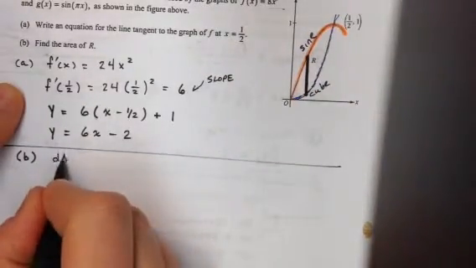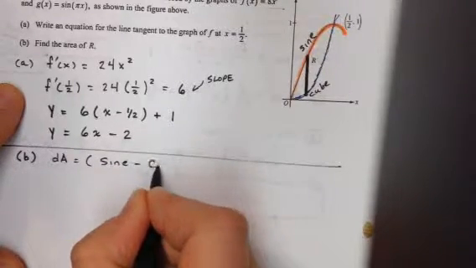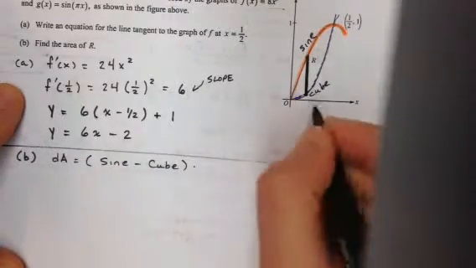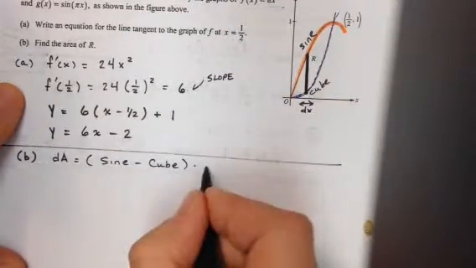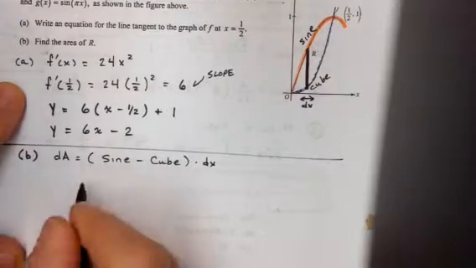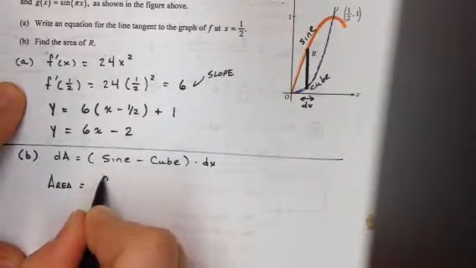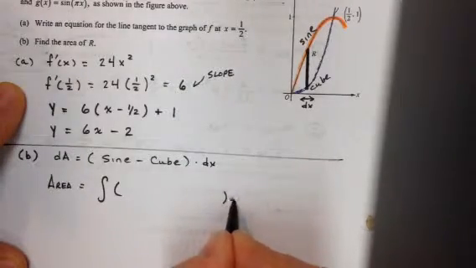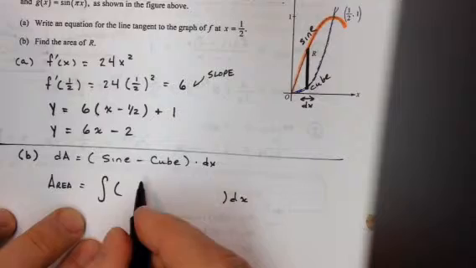So our dA in this case would be the sine function minus the cube function times, since it's vertical, a little change in x. So our area is the sum of all those little changes in area.